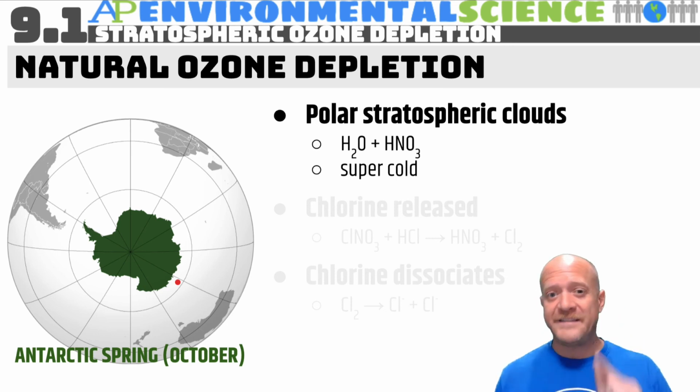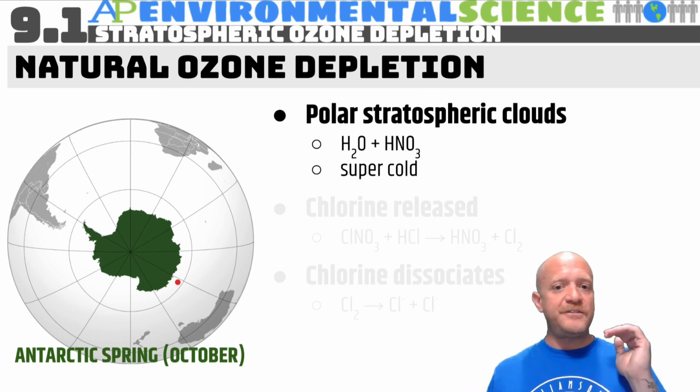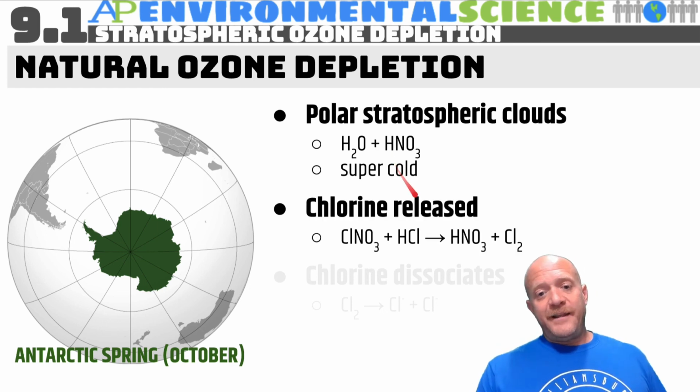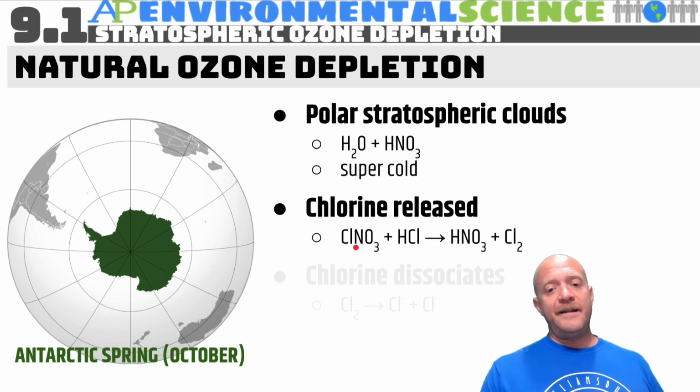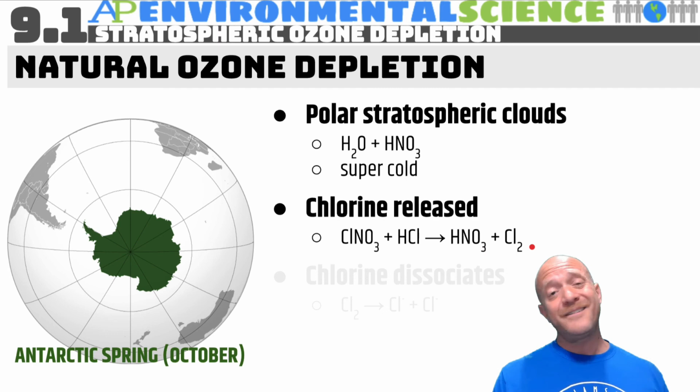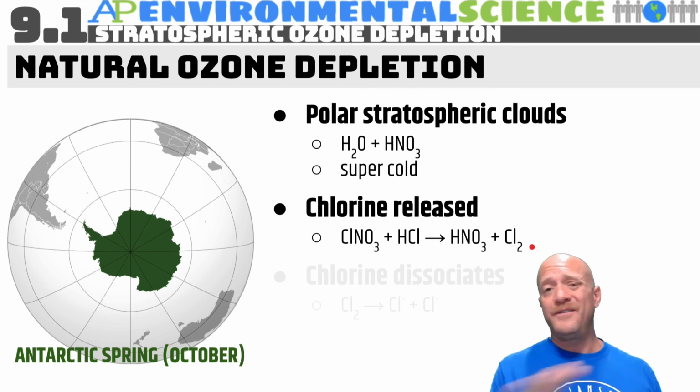This is the only exception. Very high, where it is super cold, you have water and you have nitric acid that exists way up there. And what happens is chlorine gets released, binds to that nitric acid, becomes chlorine nitrate, and then you have HCl, which, who cares? You don't really have to know this formula or this equation.